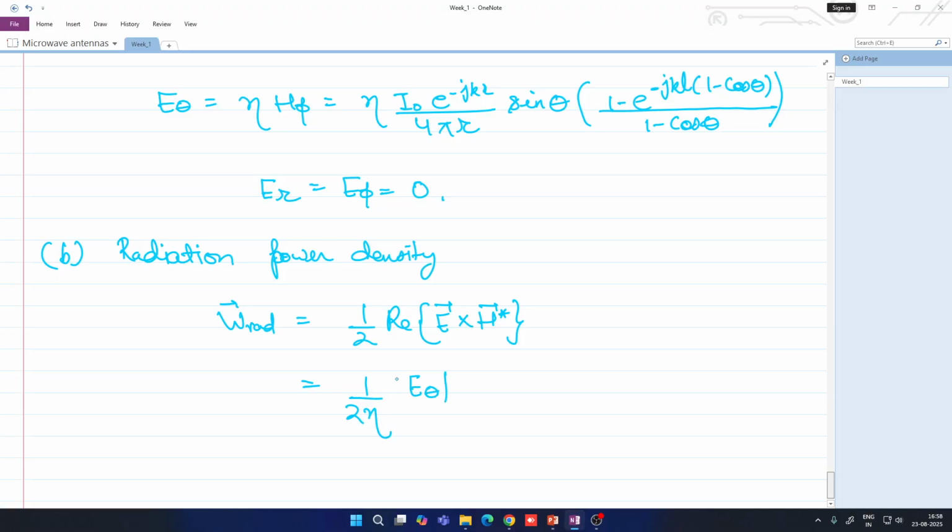Because only the theta component is there, we can also write this as eta by 2 times mod H phi whole square.